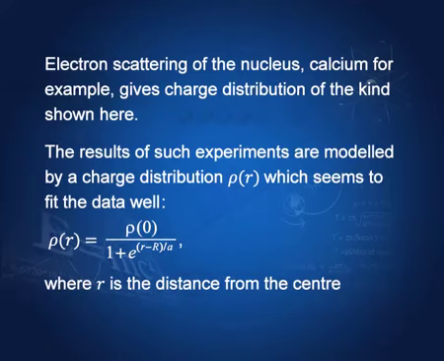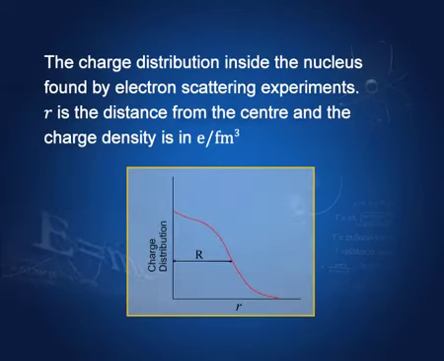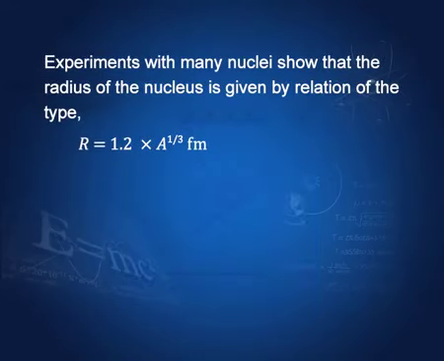Small r is the distance from the center and capital R is the radius of the nucleus. Once again, this is the charge distribution, and this is the radius of the nucleus, and it can be shown to be equal to 1.2 into A raised to power 1 by 3.